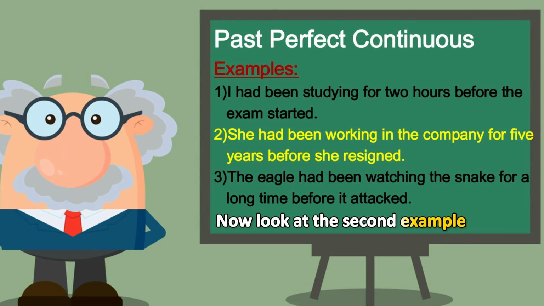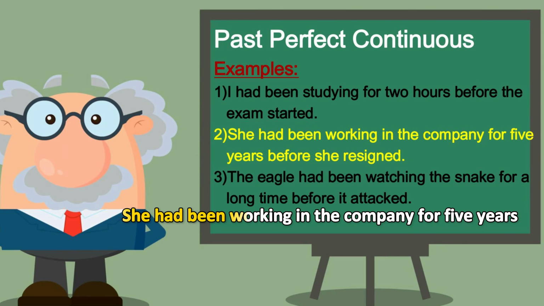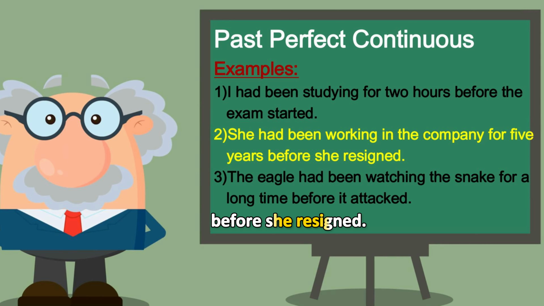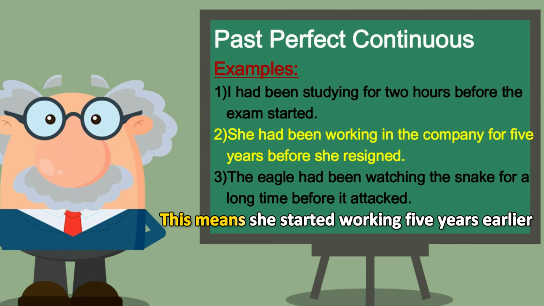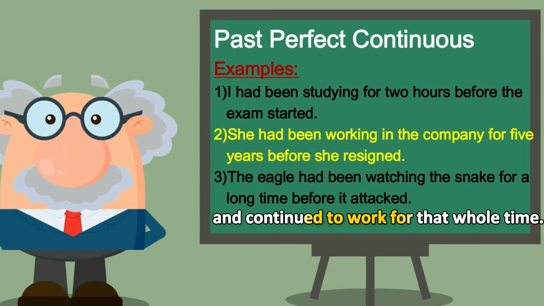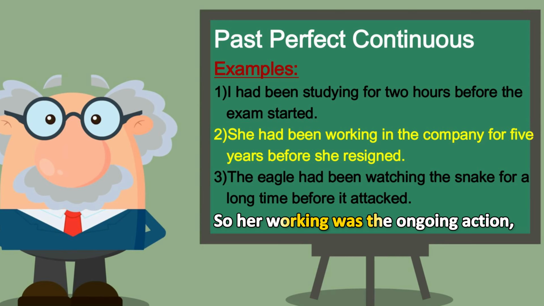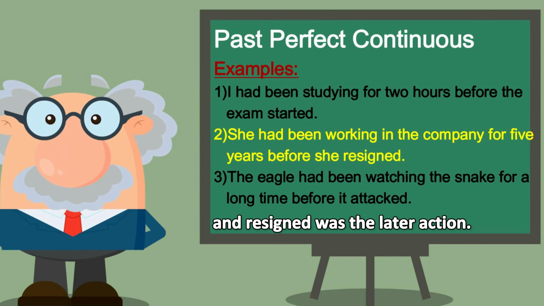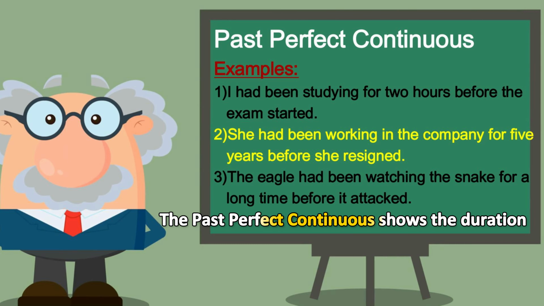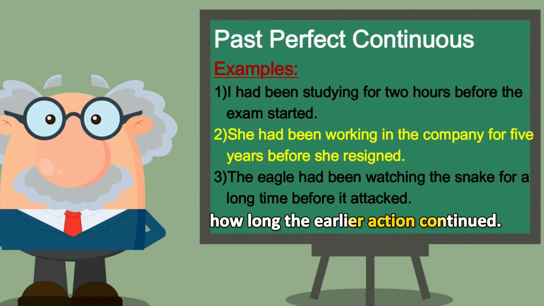Now, look at the second example. She had been working in the company for 5 years before she resigned. This means she started working 5 years earlier and continued to work for that whole time. After that long period, she finally resigned. So her working was the ongoing action, and resigned was the later action. The past perfect continuous shows the duration, how long the earlier action continued.